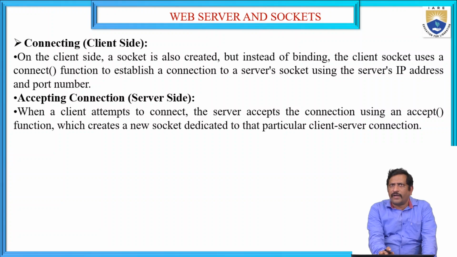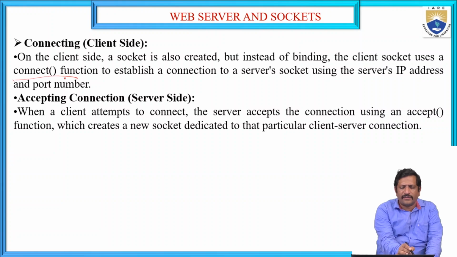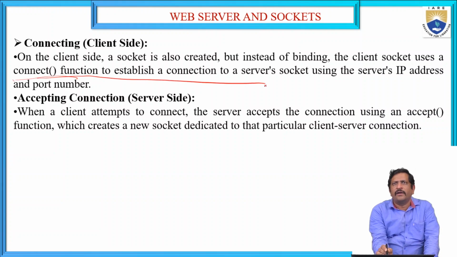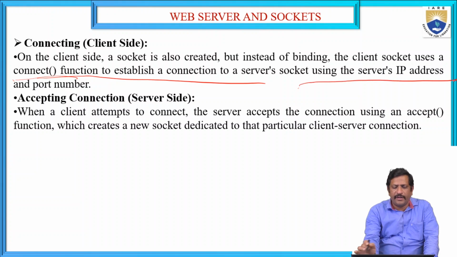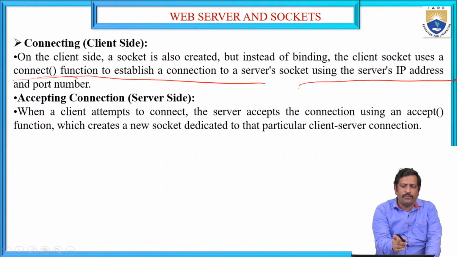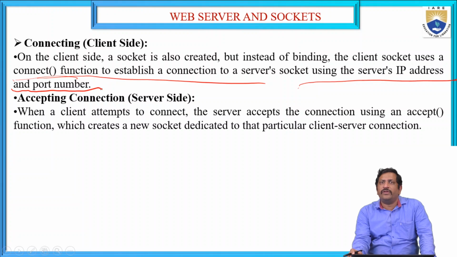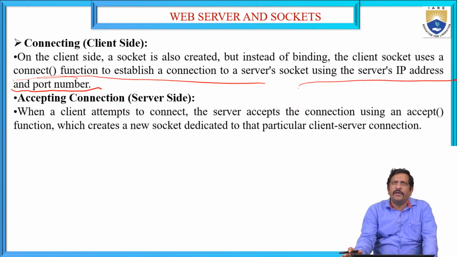Both sides establish the connection, and the sockets are created. But instead of binding, the client socket uses the connect function to establish the connection to the server using the server IP address and port number. With the IP address and port number of the particular network, we can establish the connection between the client and server.